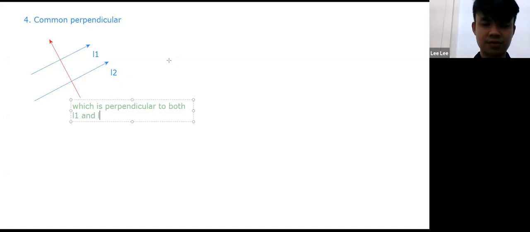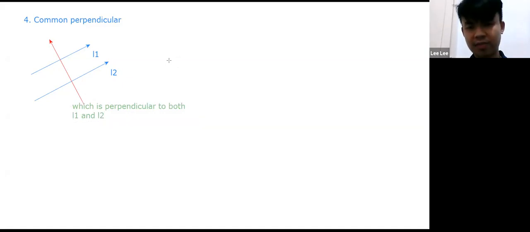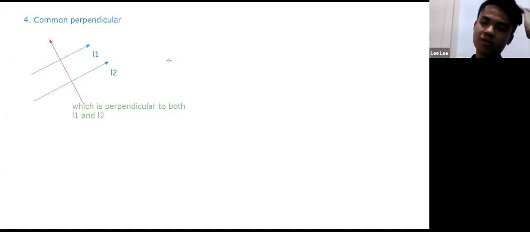In this case, you can use common perpendicular because you are finding a vector perpendicular to both of the other two lines. So a common perpendicular is a vector that is perpendicular to at least two other vectors.